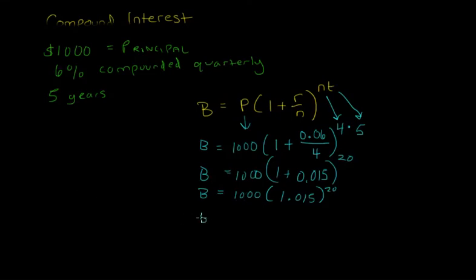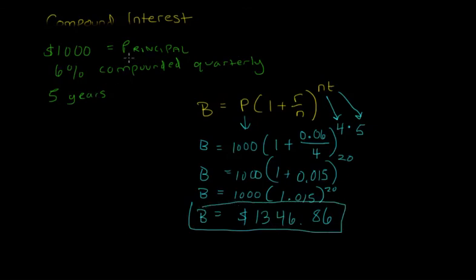All right, so my result was $1,346 and 86 cents. I rounded that last part. So if I start with $1,000, at the end of 5 years with a 6% interest rate, compounded quarterly, I end up with $1,346.86. All right, that's about all I have to say about compound interest.